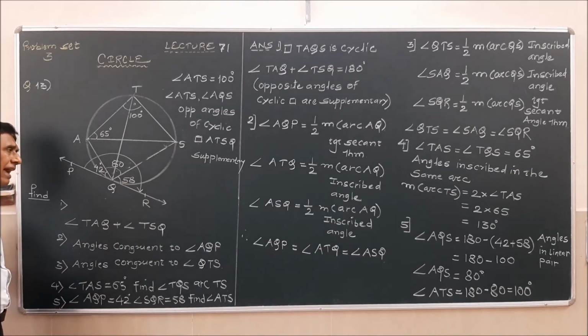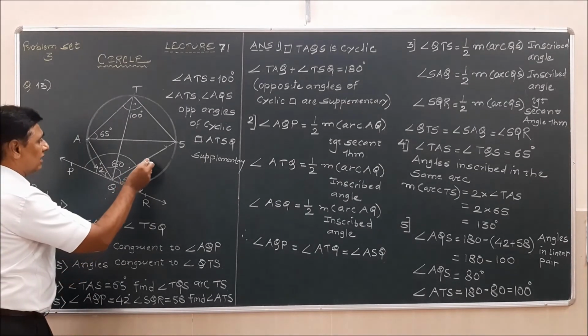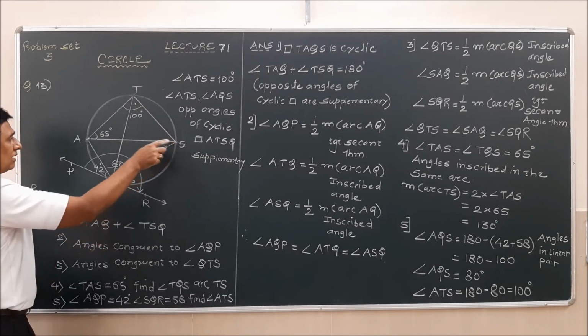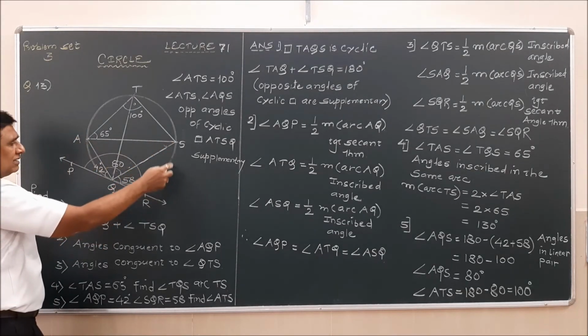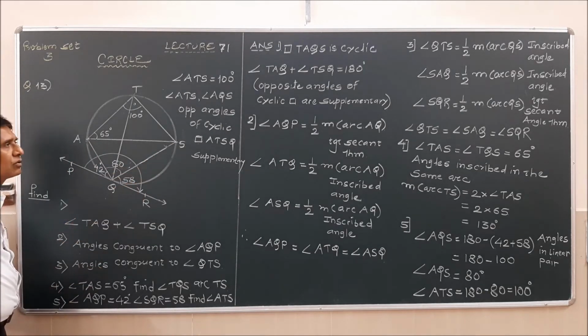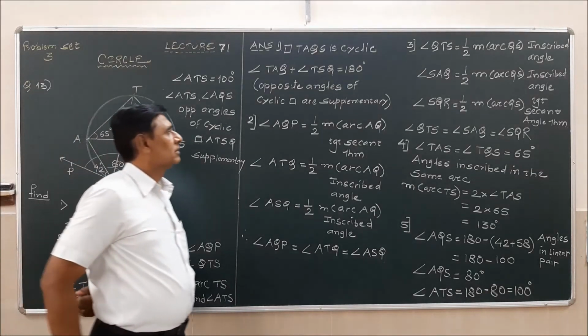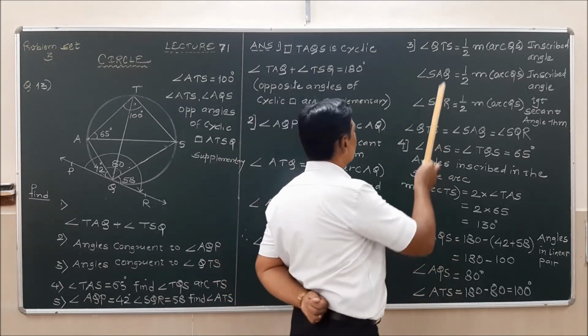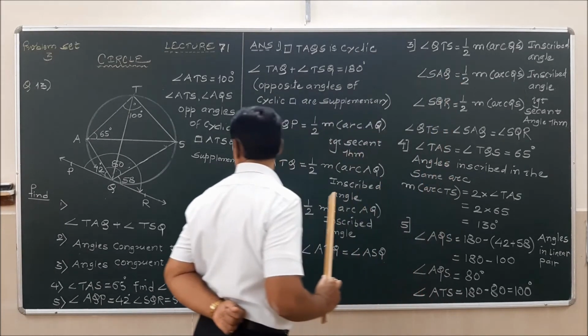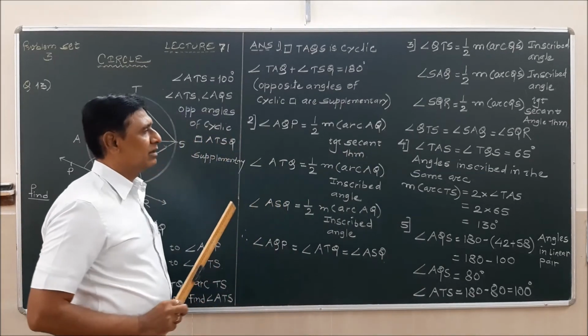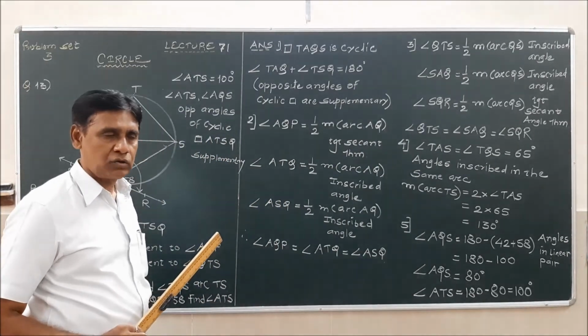And the third angle is angle SAQ. Angle SAQ is an inscribed angle, and that is also equal to half arc QS. So here you will find QTS is equal to SAQ is equal to SQR. Each one of them is equal to half arc QS.